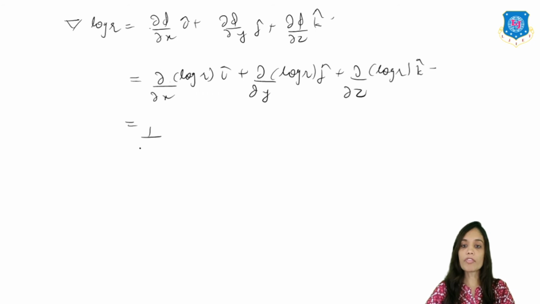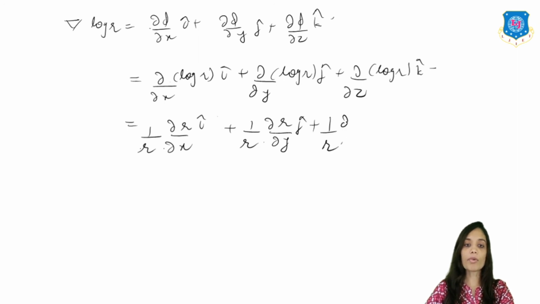So this will be 1 upon r into del r by del x i cap, because r is a function of x, y and z. Similarly here it will be 1 upon r del r by del y j cap, and here it will be 1 upon r del r by del z k cap.